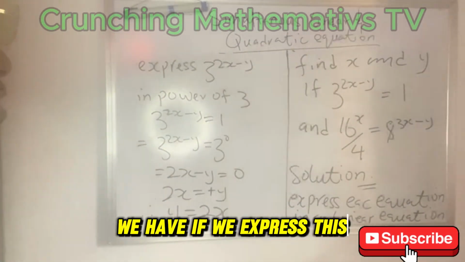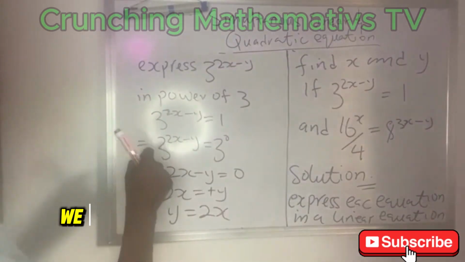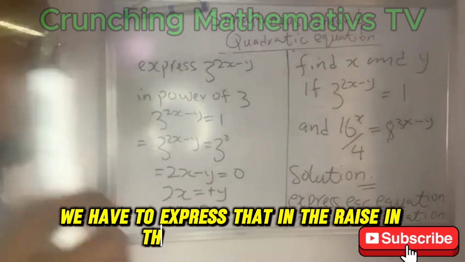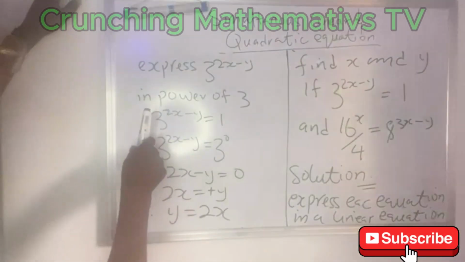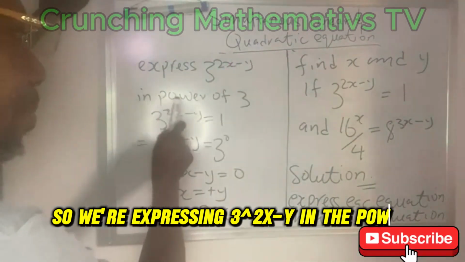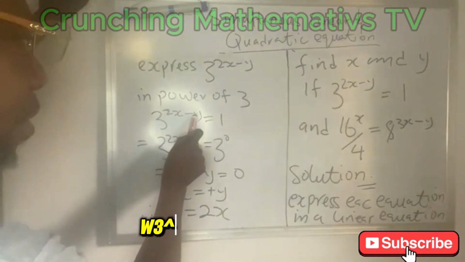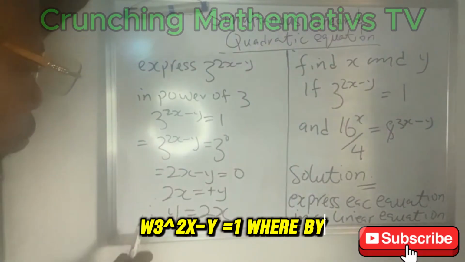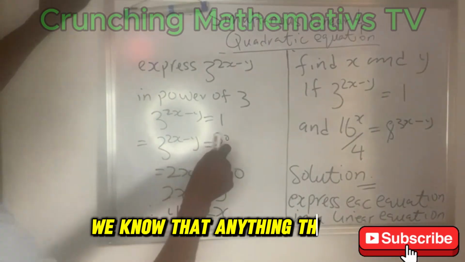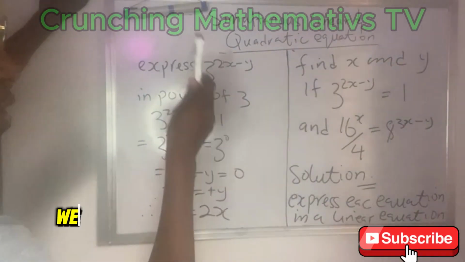We have to express 3 raised to power 2x minus y in the power of 3. This will now give us 3 raised to power 2x minus y is equal to 1. According to the law of indices, anything raised to power 0 will give us 1.